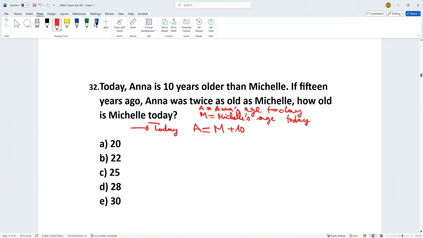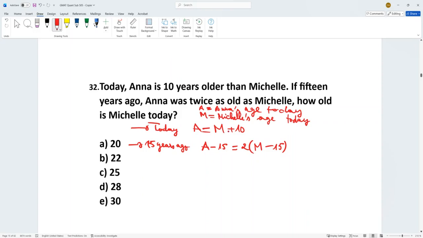If 15 years ago, Anna was twice as old as Michelle. So 15 years ago, that means that Anna's age today minus 15 years is equal to twice, 2 times as old as Michelle. So that means Michelle's age today minus 15 as well. Then it says, how old is Michelle today?